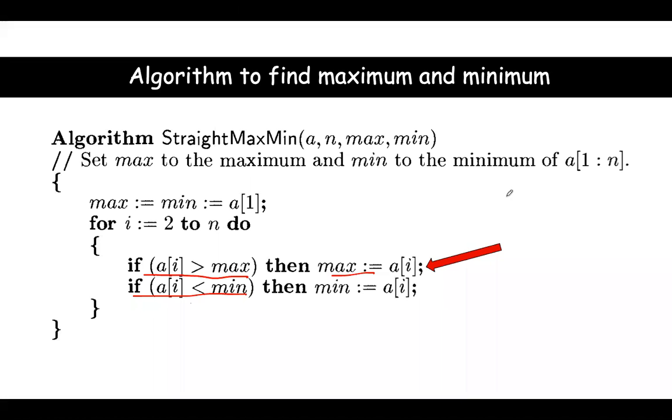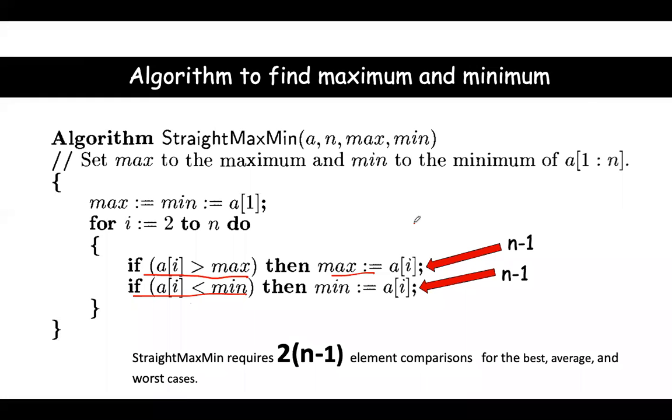It will execute n minus 1 times. So first basic operation will execute n minus 1 time. Second basic operation, comparison, will also execute n minus 1 times. So total number of times this basic operation executes is nothing but 2 of n minus 1.